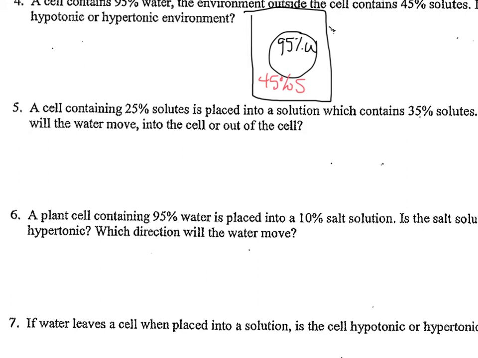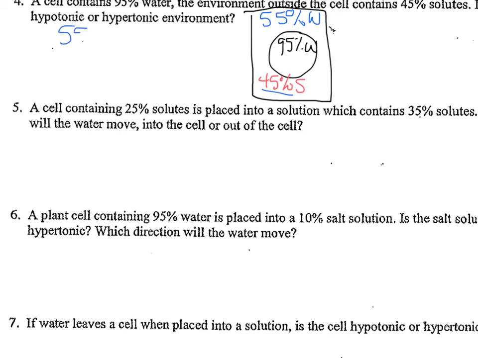So if we know that we have 45% solute, therefore we know that our water concentration has to equal 100 total. So 45 plus, well, that would be 55, if I'm correct here, equals water. Okay, once again, so now our solution equals 100% total.